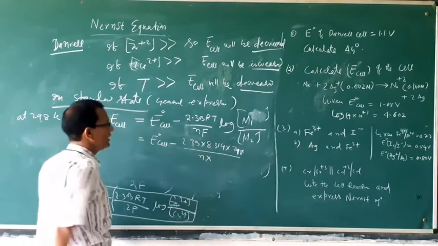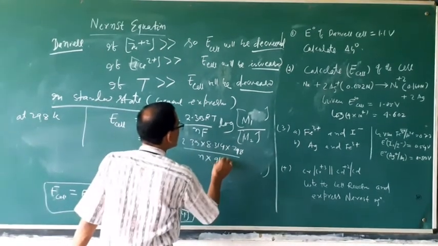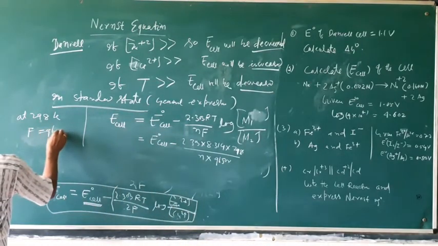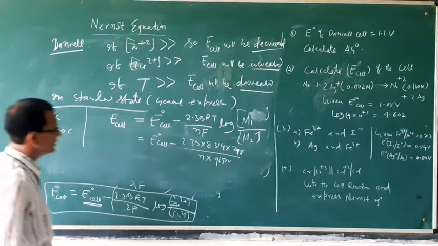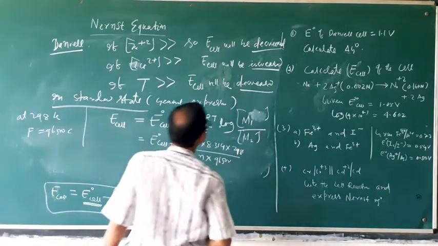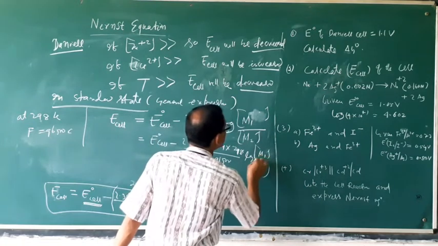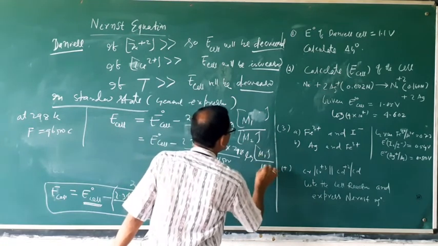What is the value of F? F is equal to 96,500 coulomb. So if we put this value, then log M1 concentration upon M2 concentration.